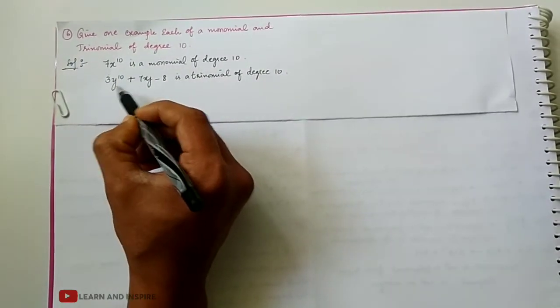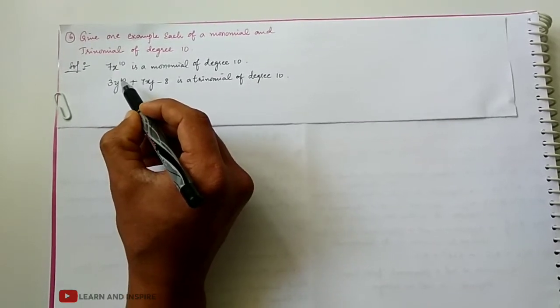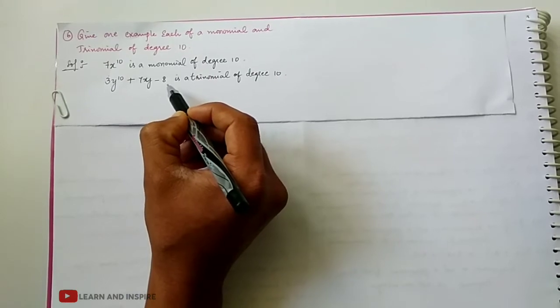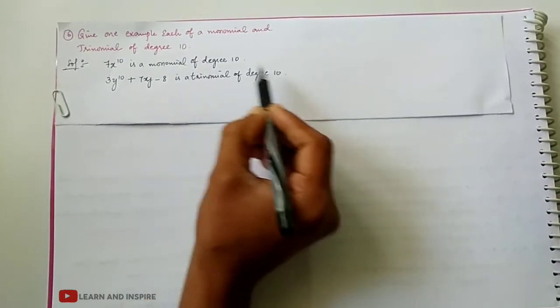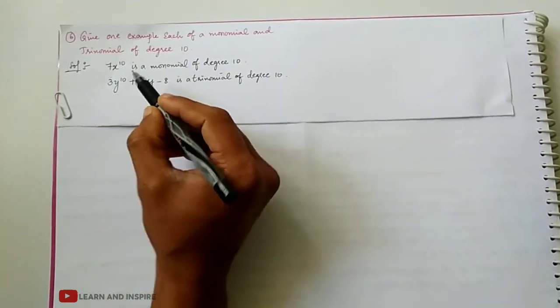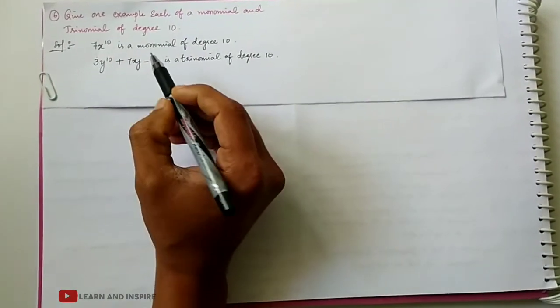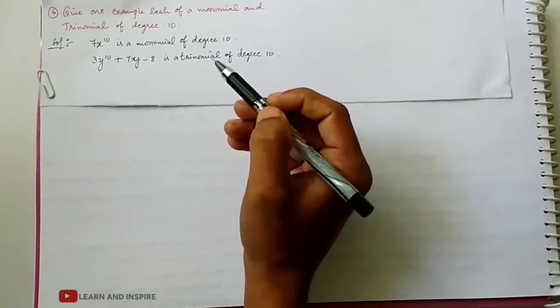You can see here we have 3 terms. 3y power 10 is one term, 7y is a second term, and minus 8 is a third term. And what is the degree of this polynomial? So degree of the polynomial is 10. Understood? So these are the questions from exercise 2.1.